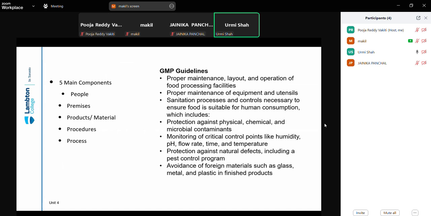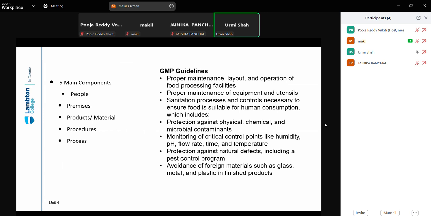First, people. People are the main target, because if the workers in the manufacturing unit do not understand the procedure or are not hygienic themselves, then the product is going to be contaminated. Premises: if the cleanliness of the place is hindered, there are again chances of contamination.